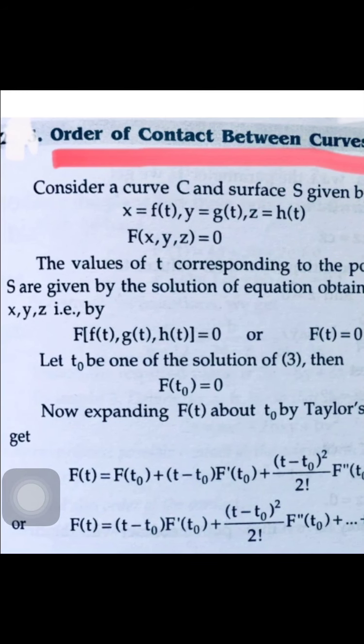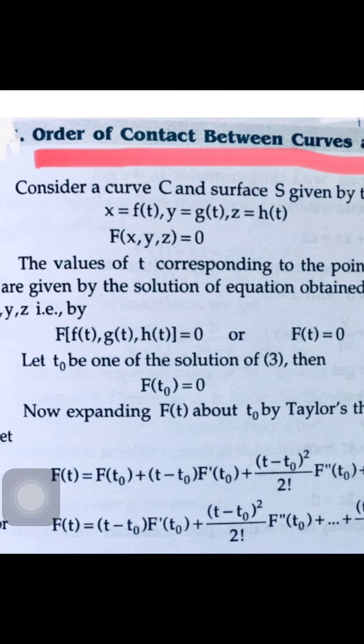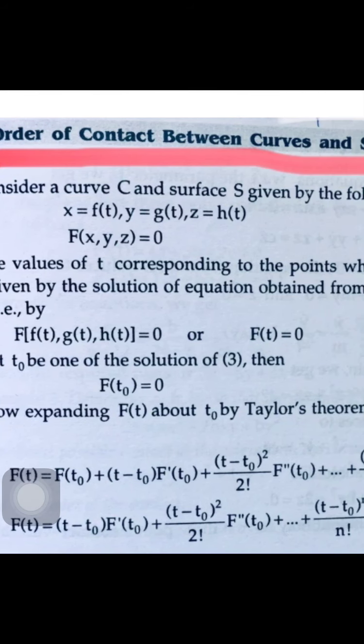We are putting the values of x, y, z from equation 1 in terms of t. We get f(f(t), g(t), h(t)) equals 0, or in one parametric variable we can say F(t) equals 0.